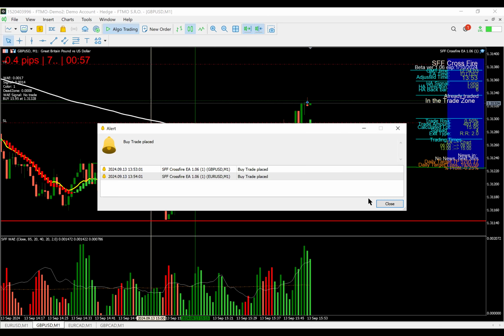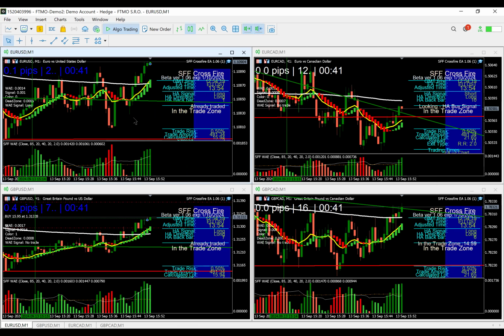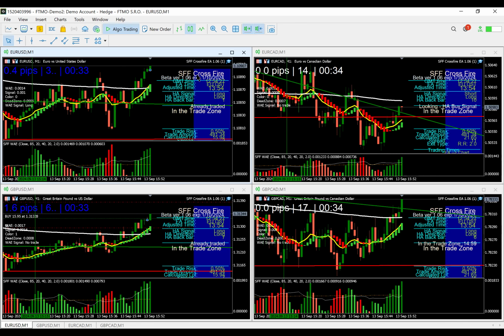Oh, got another one. So that's having a little bit of a wobble, but look, it's going up now. So we're in two trades, slightly in profit on the first one and slightly in profit on the second one.